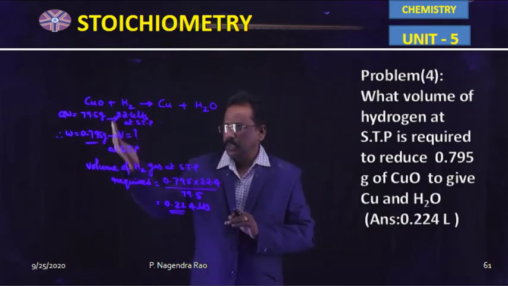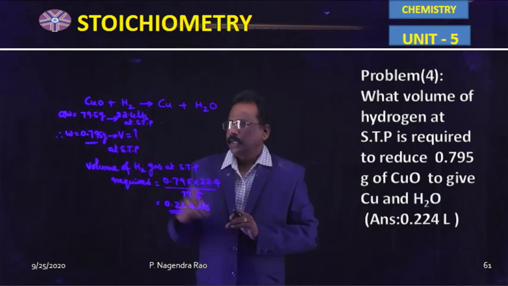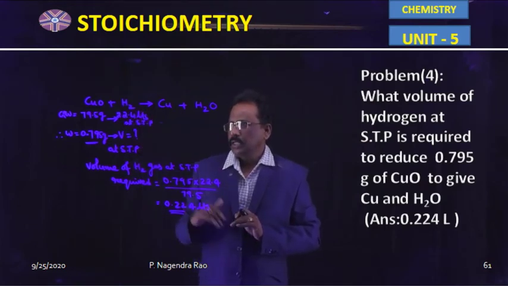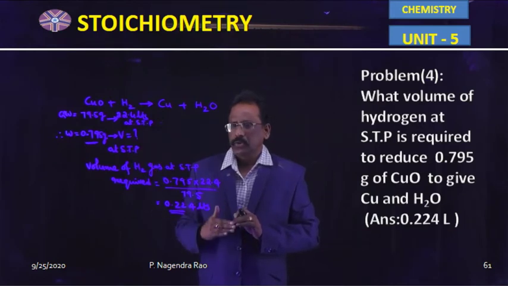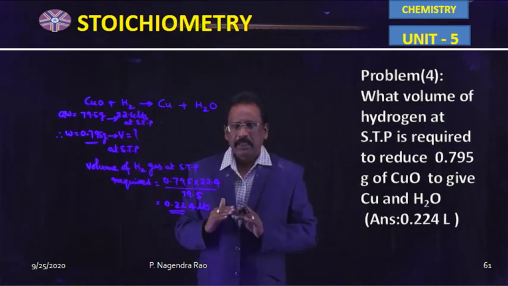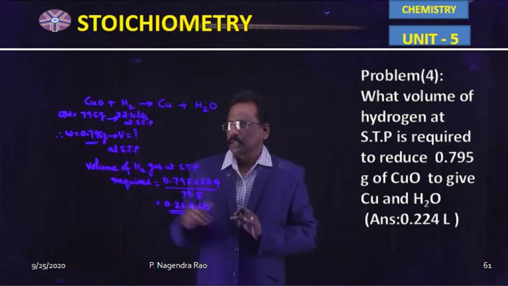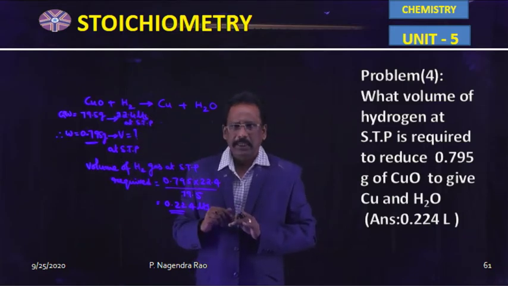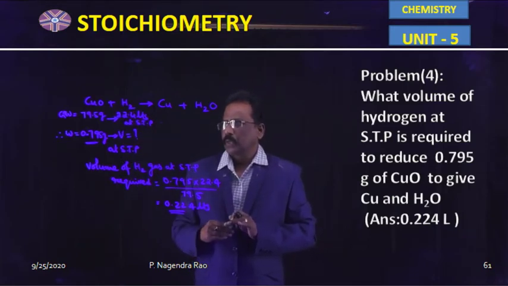The weight of the substance is given, and hydrogen is a gaseous substance, so it is possible to calculate its volume. In any chemical reaction, gases are measured at STP conditions. That's why 1 mole hydrogen gas at STP occupies 22.4 liters.